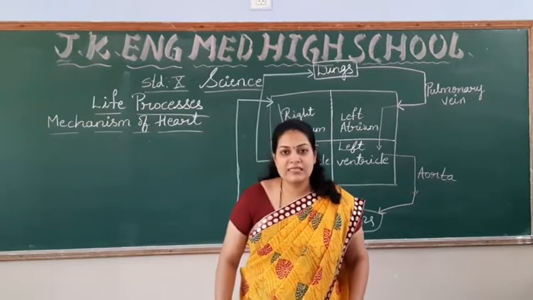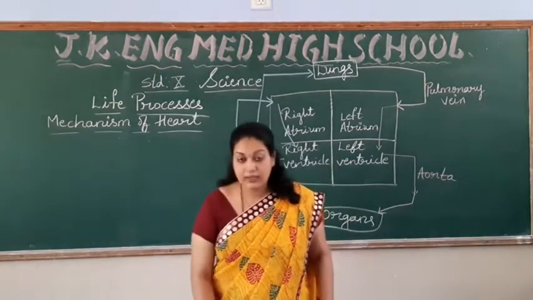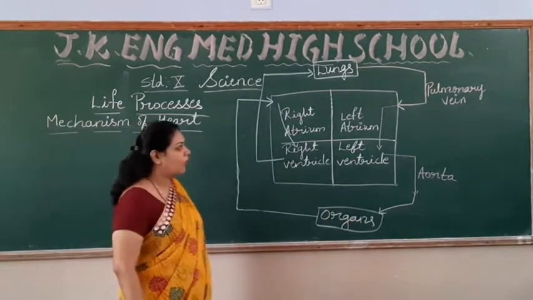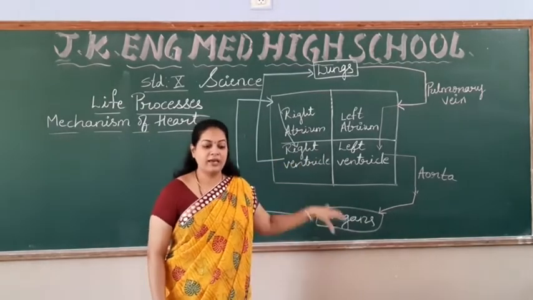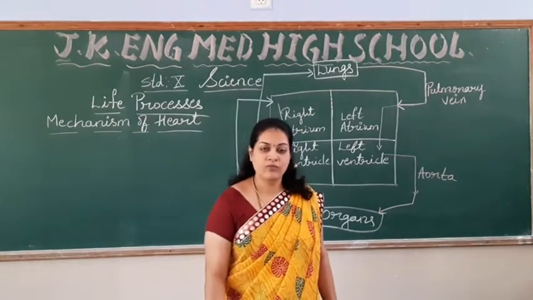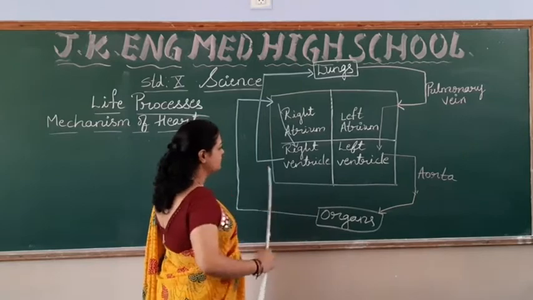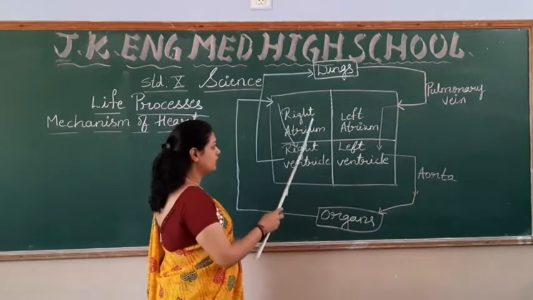In the previous session I told you that in our next class we will discuss the mechanism of the heart. This is the schematic diagram of the mechanism of the heart. We discussed it last class, but still, consider this as the heart, with 4 chambers.